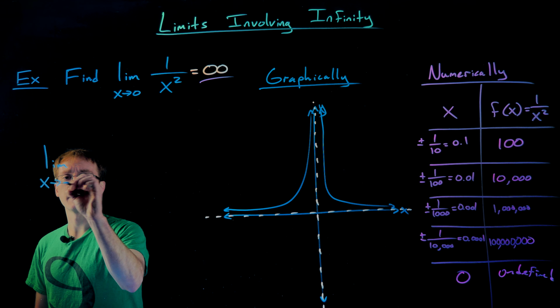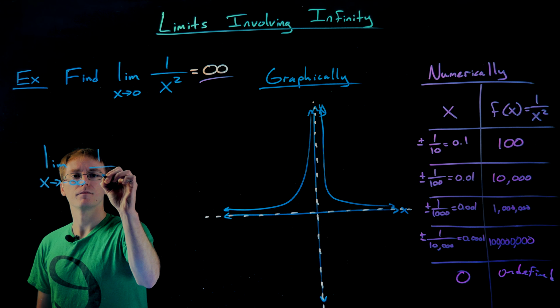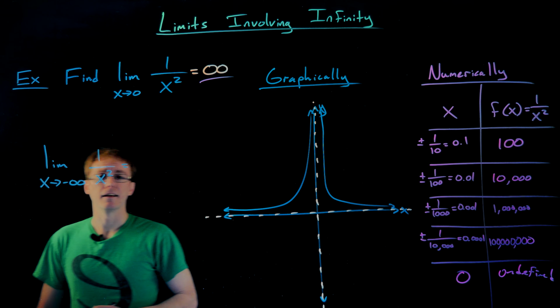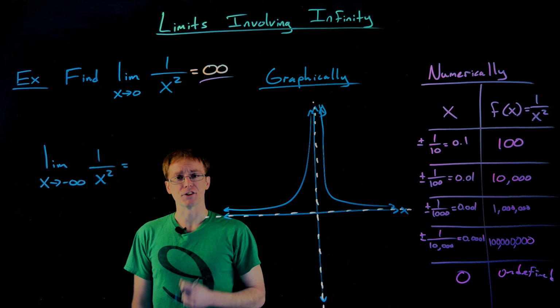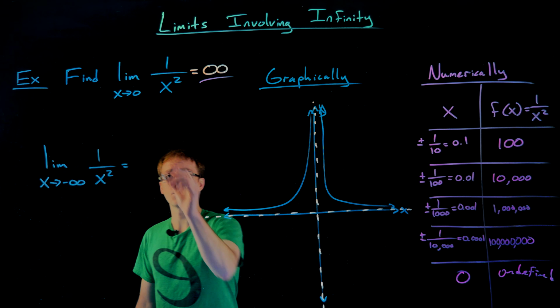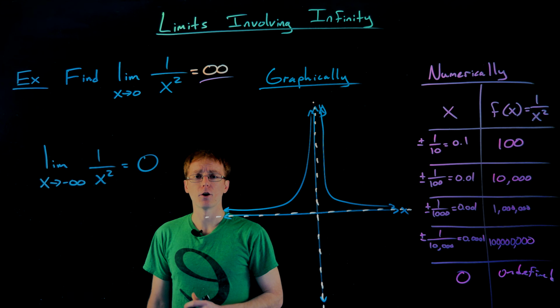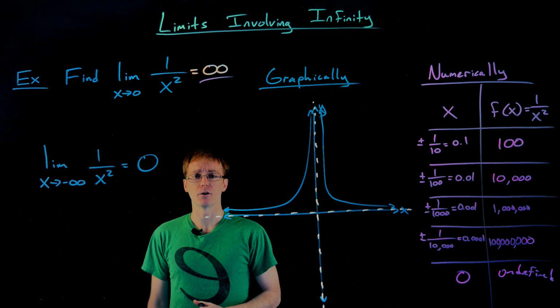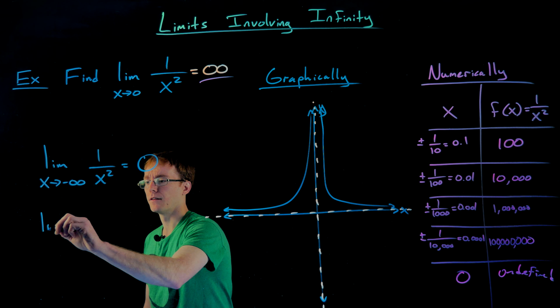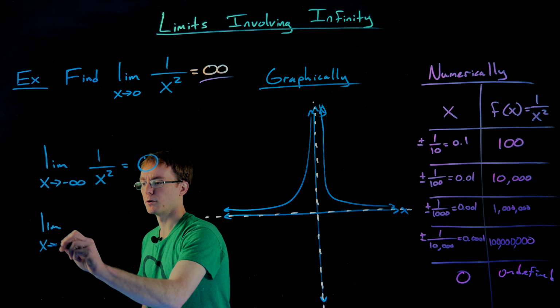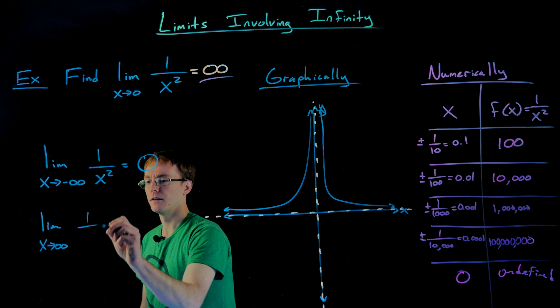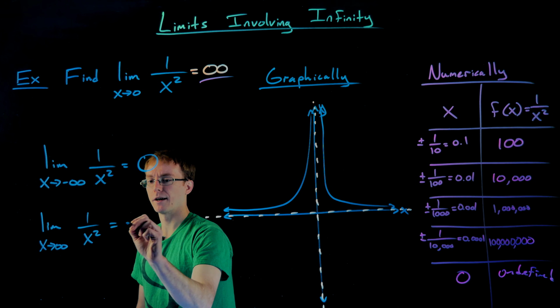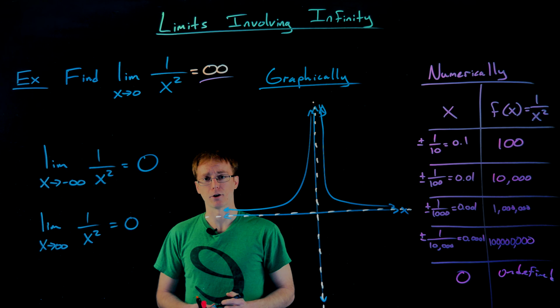For the left end behavior of our function, we would say the limit as x approaches negative infinity of 1 over x squared is equal to 0. And for the right end behavior of this function, we would say the limit as x approaches positive infinity of 1 over x squared is equal to 0.